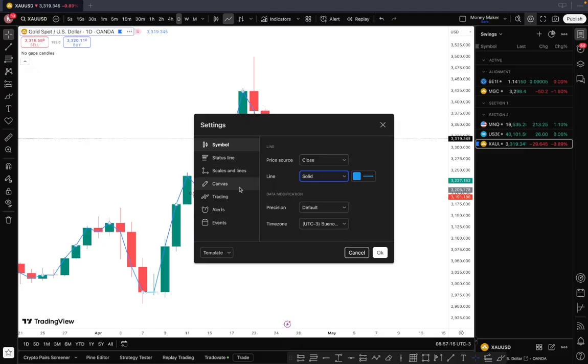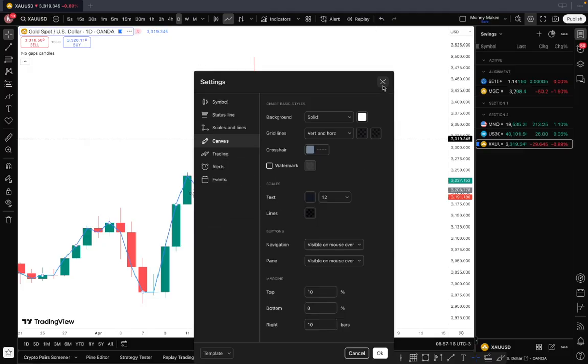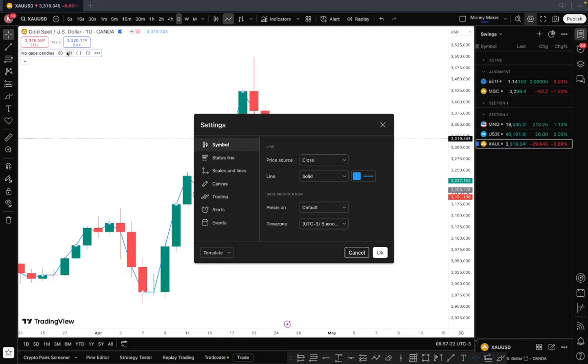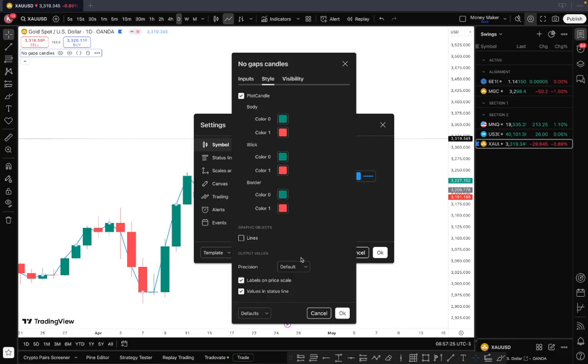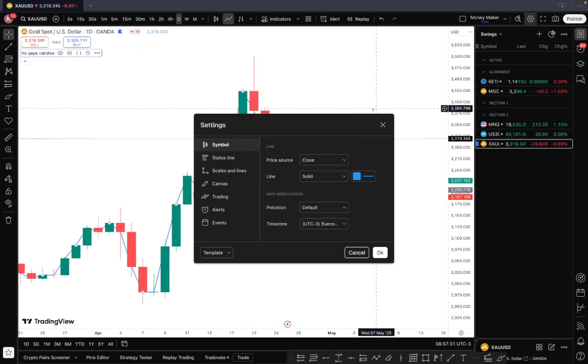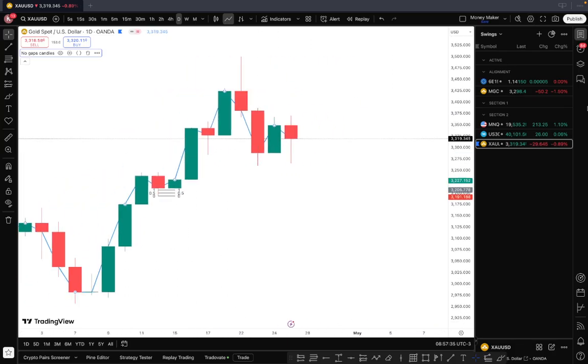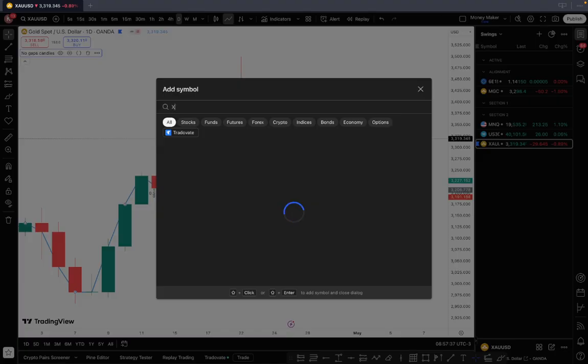Honestly, I don't know what that line is. Not gonna lie, I'm not sure why that line is showing up there. I don't have any moving average on. But anyways, so we have this.